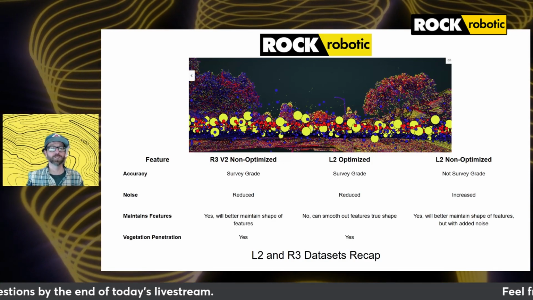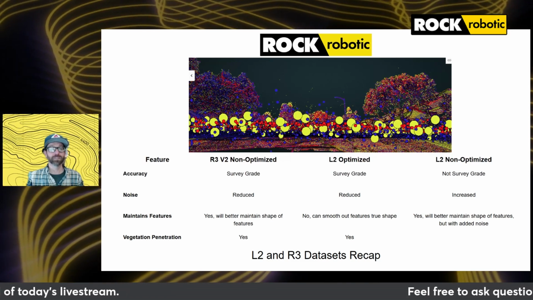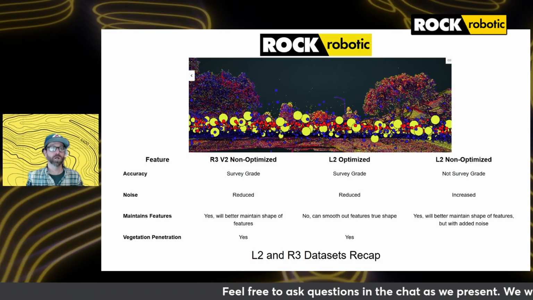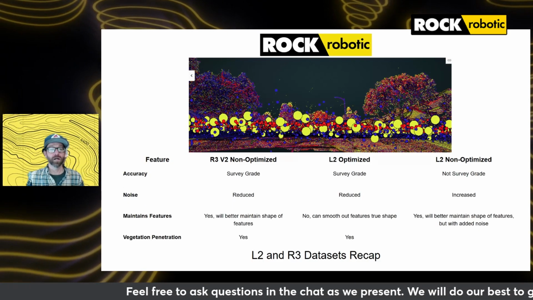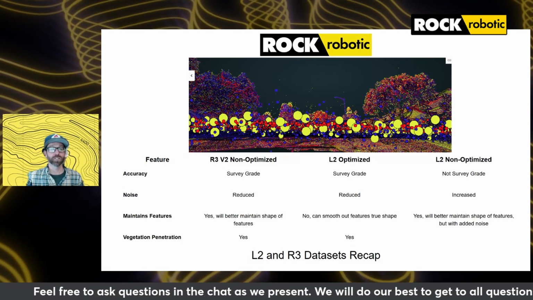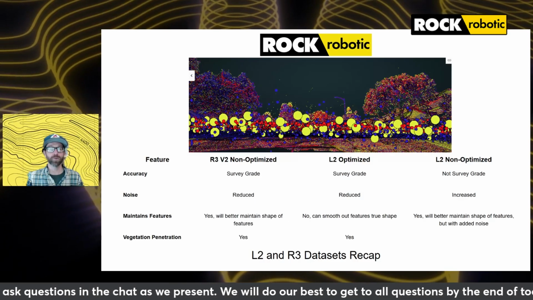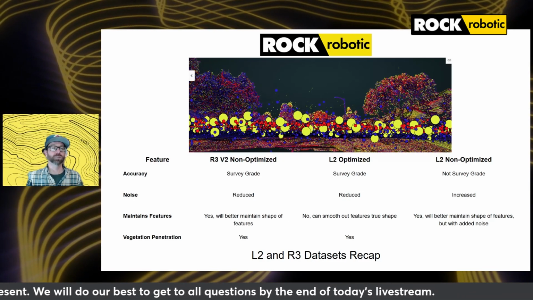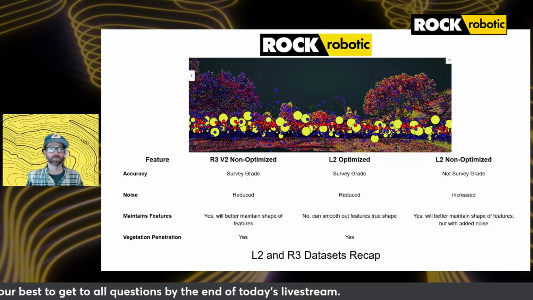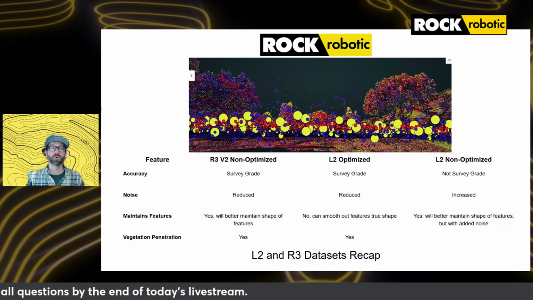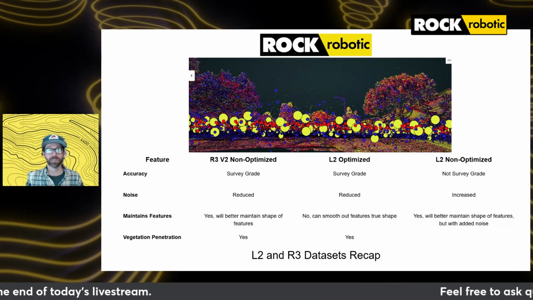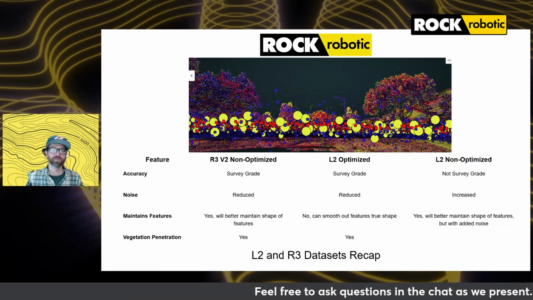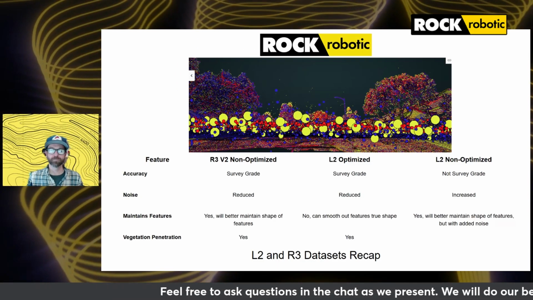When it comes to maintaining features like curbs, the non-optimized R3 V2 is going to do a great job of maintaining that shape, whereas the L2 optimized is going to cause the shapes of those features to be smoothed out. With the L2 non-optimized, we are able to better maintain the shape of those features, but we do have the added noise and it's not survey grade.